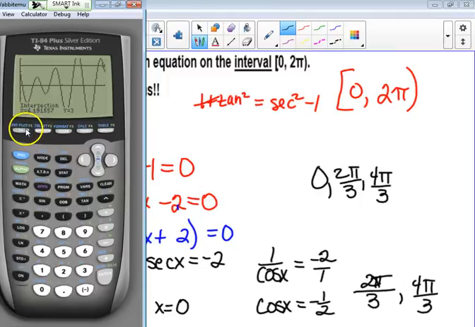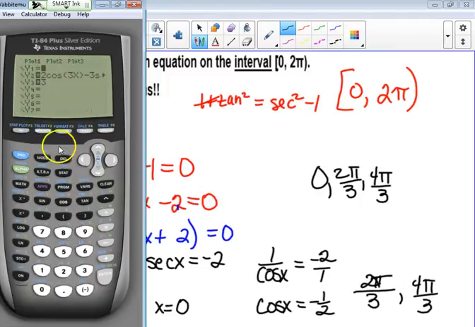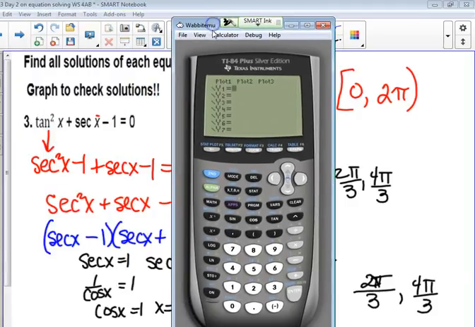So in our calculator, we are going to, I don't know what we're going to do because I'm making a mess of this. Okay. We're going to graph the equation. The original equation said tangent squared x plus secant x minus 1.